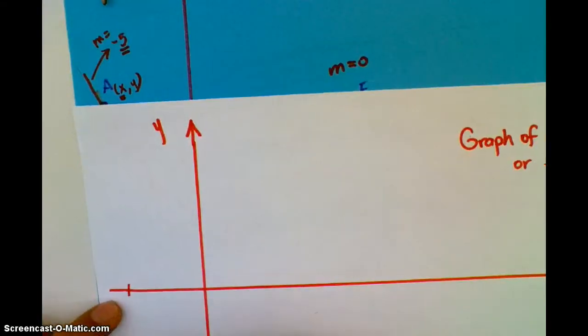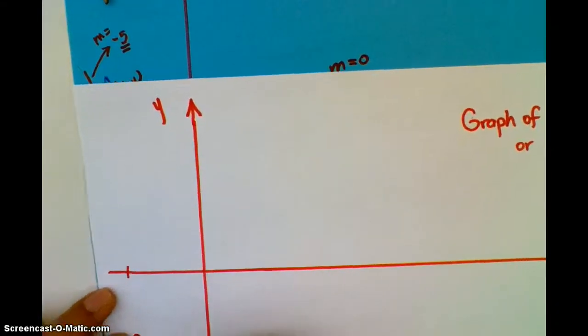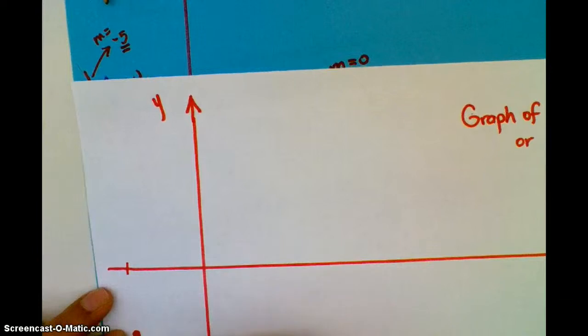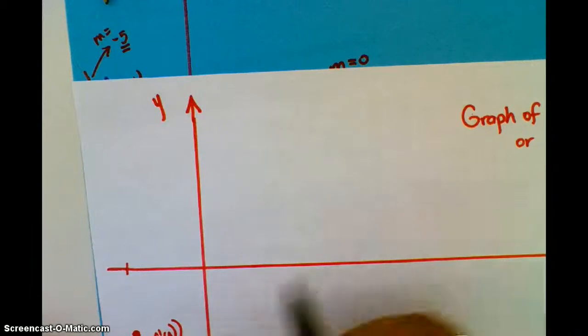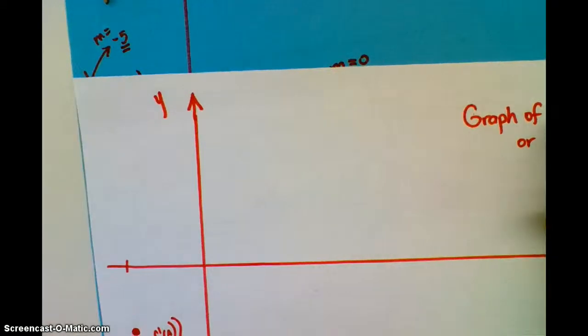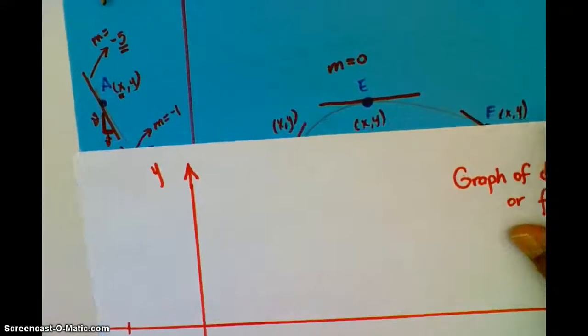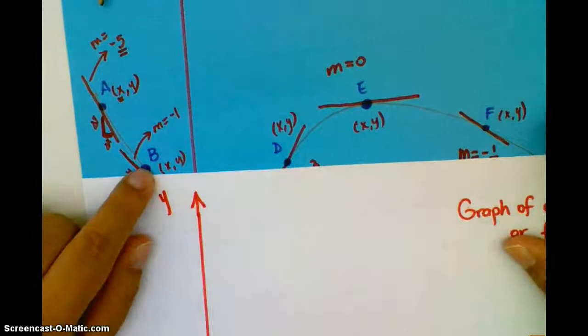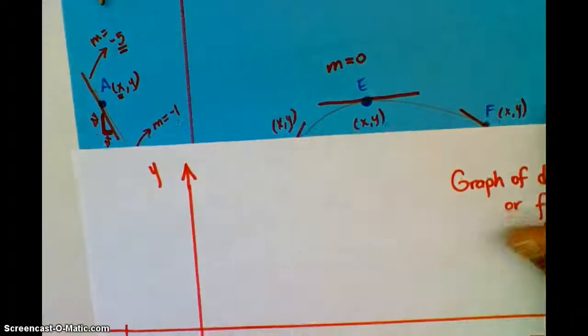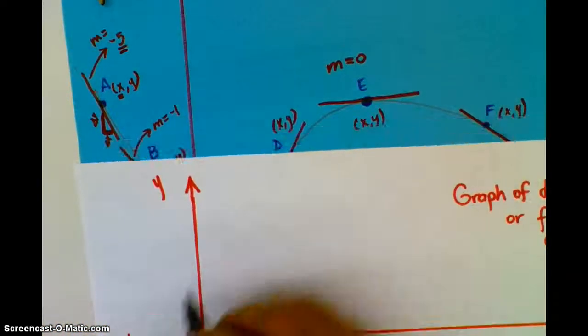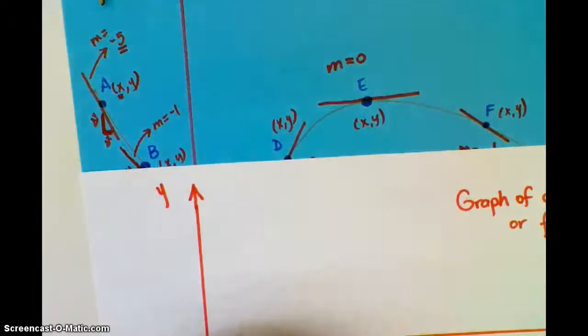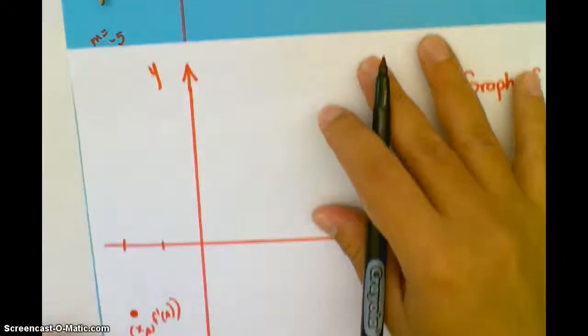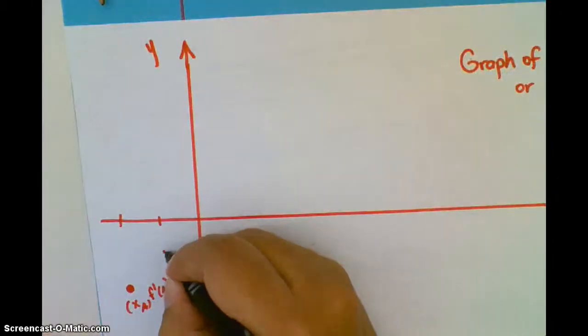This point is the x coordinate of A and f prime at A, that's -5. Now for point B, the derivative is -1. At the same distance from the y-axis, I have point B, and the derivative is -1.